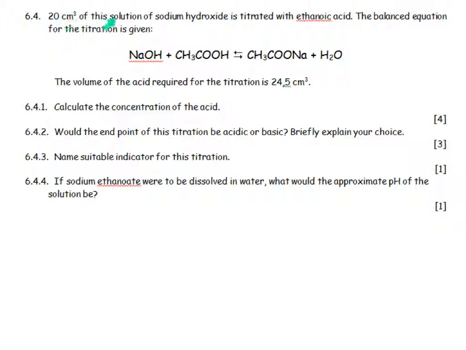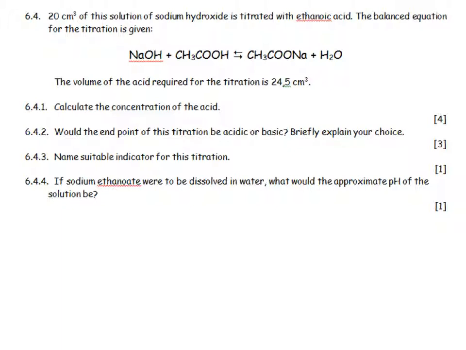20 centimeters cubed of this solution, so we've just made it, of sodium hydroxide is titrated against ethanoic acid. The balanced equation is given. The volume of the acid required for the titration is also given. Calculate the concentration of the acid.